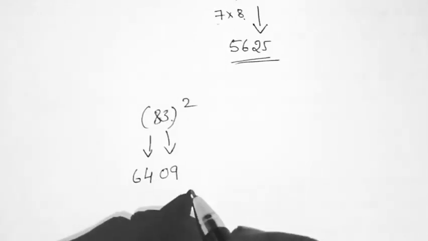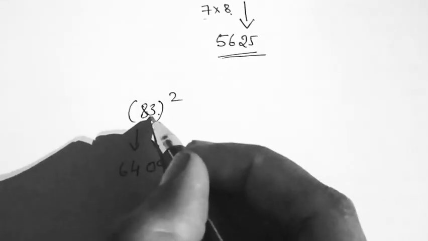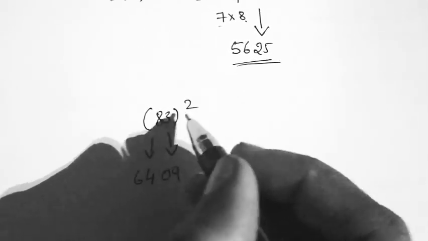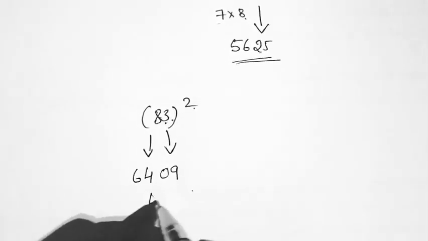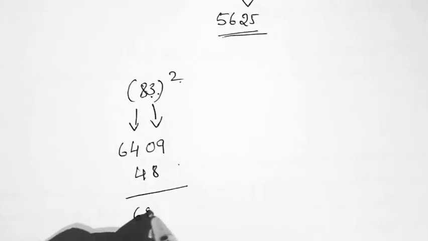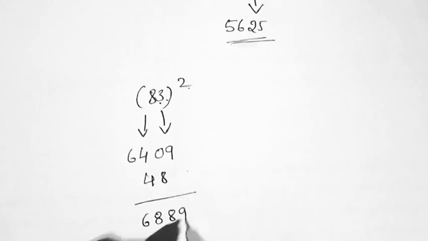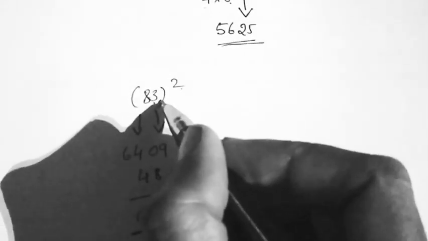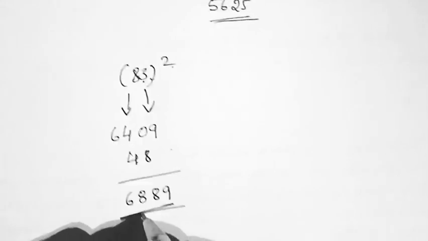The next step: 8 times 3 is 24. 24 into 2 is 48. The number is 6, 8, 8, 9. So the square of 83 is 6889.